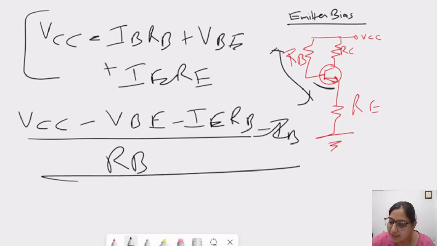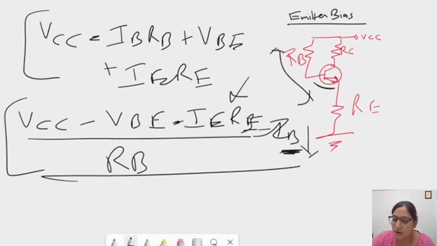Here we can see that if IERE is increasing, this IB will decrease. In this equation, we clearly see that because IERE is negative. So if the negative value increases, it means the IB will decrease. So this is what we calculated here, that due to temperature variation in emitter bias, the collector current will not change much because IB is reducing.